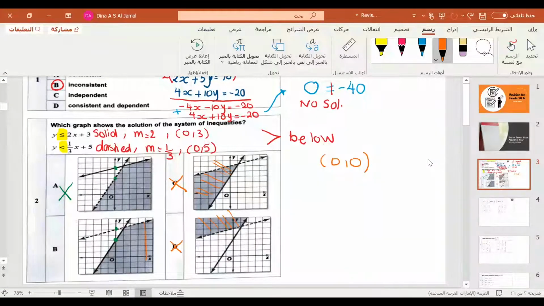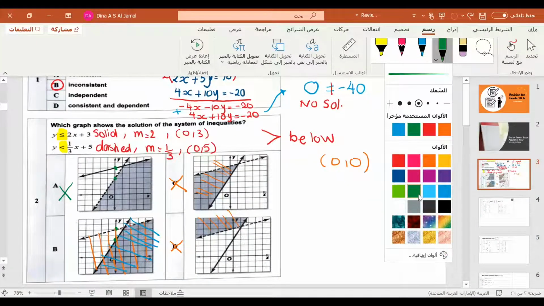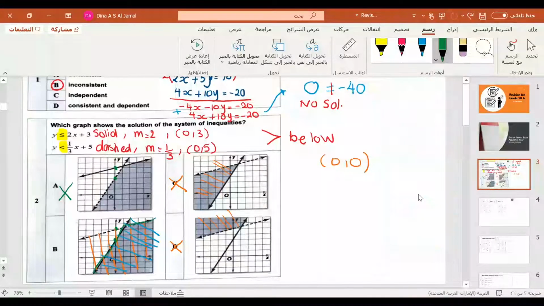So here it's clear that it was shaded like this. Then it was shaded for the other line below, and later they took the intersection of the blue and the orange, and later this is your feasible region. So B is the answer.